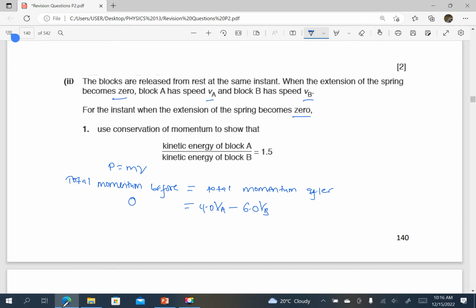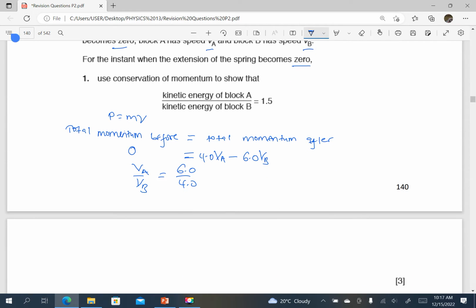So you are going now to realize that actually, when I simplify this, because on the right and the left it is 0, VA divided by VB is going to be equal to 6.0 divided by 4.0.